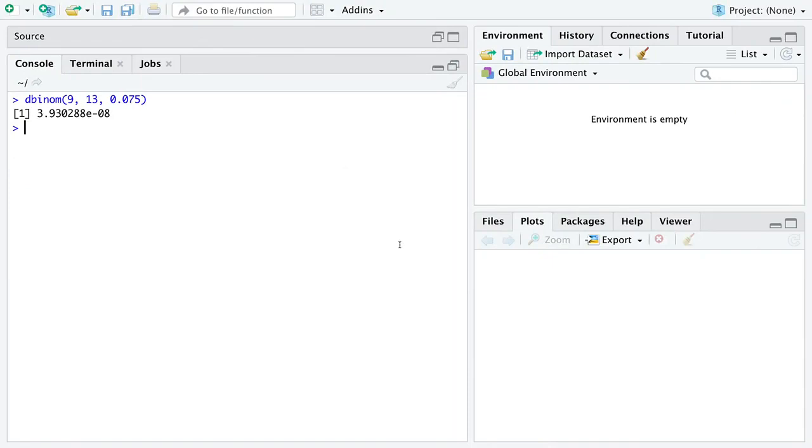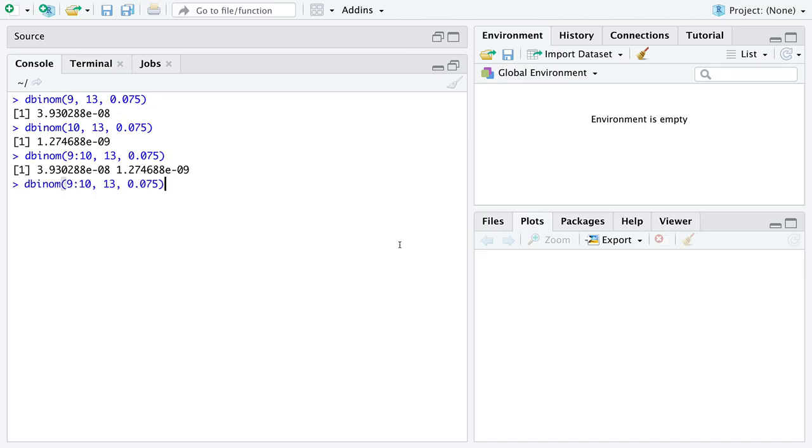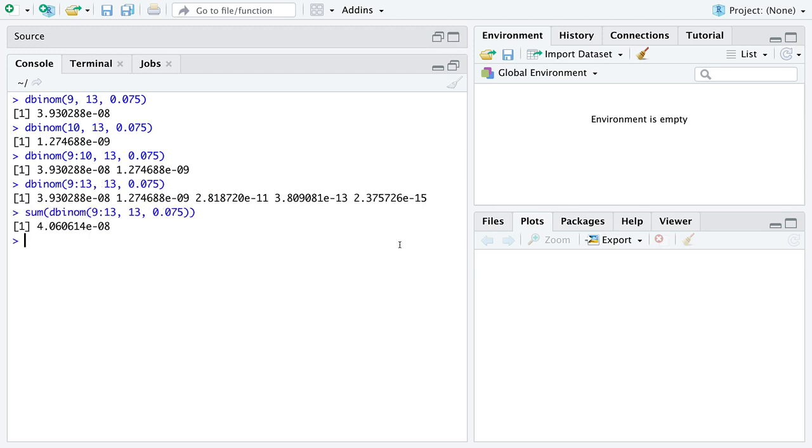So let me show you some tricks here. dbinom at 10, 13, and 0.075 looks like that. But we can actually ask dbinom to evaluate across a vector, say the integers 9 to 10. Realistically, what we want is dbinom evaluated across the vector 9 to 13, and then we want to sum up those probabilities.